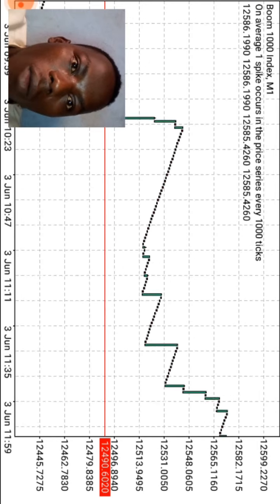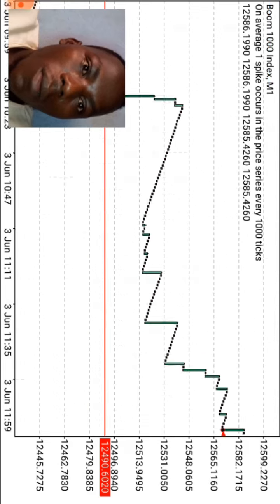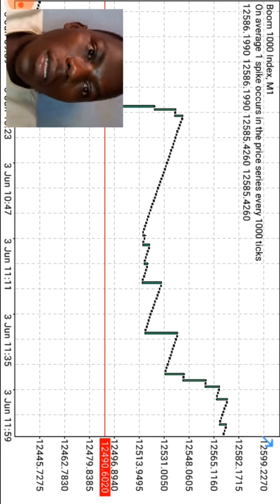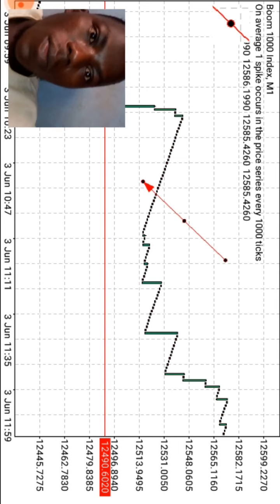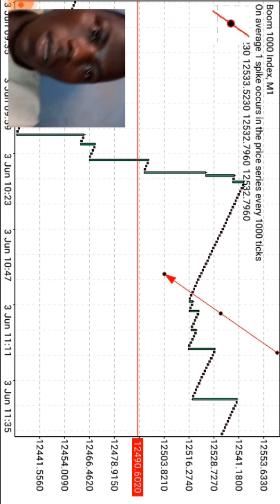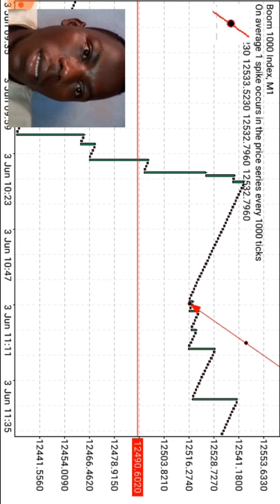Here we are on M1, guys. M1 gives you more clear support and resistance, a clearer image. So this was the breakout. See, price came here, spiked. That was showing you that there is support in this area.